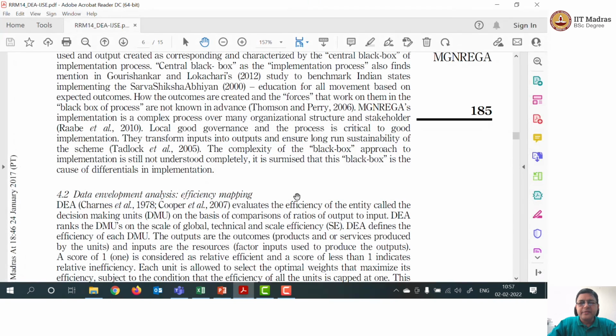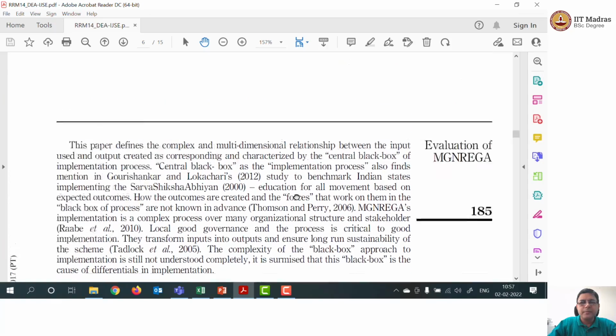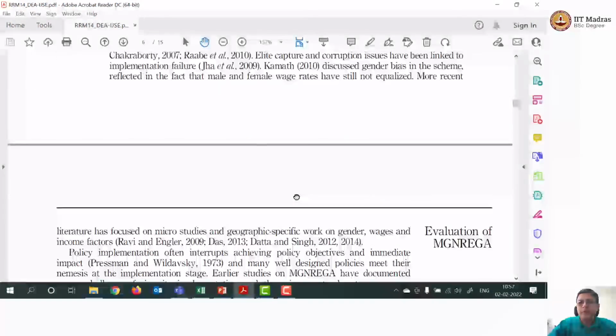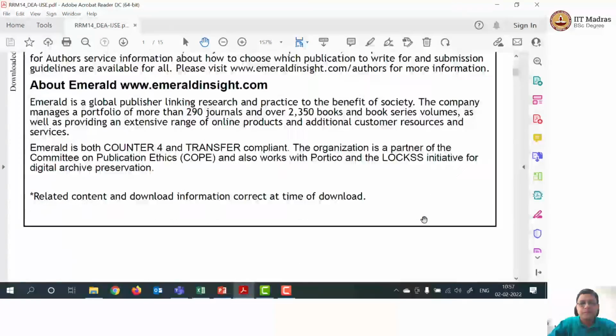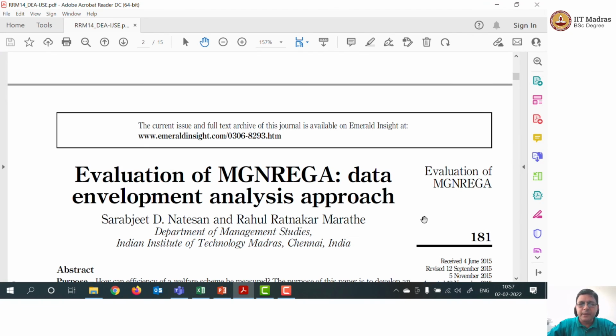We did an analysis, and I am showing you an article that we wrote some time ago, where we looked at Manrega implementation. Manrega is the Rural Employment Guarantee Scheme. We looked at the Rural Guarantee Scheme and looked at various states that tried to implement Manrega. So they have various inputs, they have various outputs, and we looked at which state is efficiently implementing Manrega, which state is not efficiently implementing Manrega.